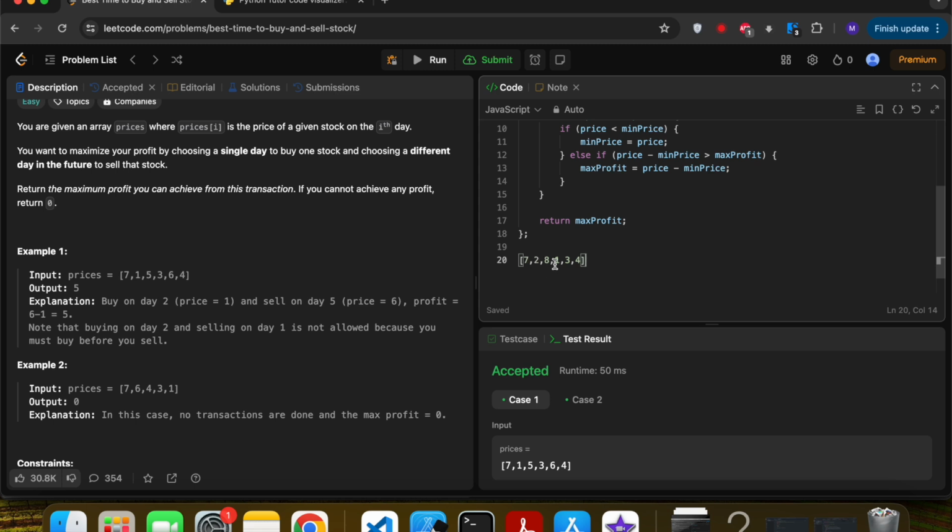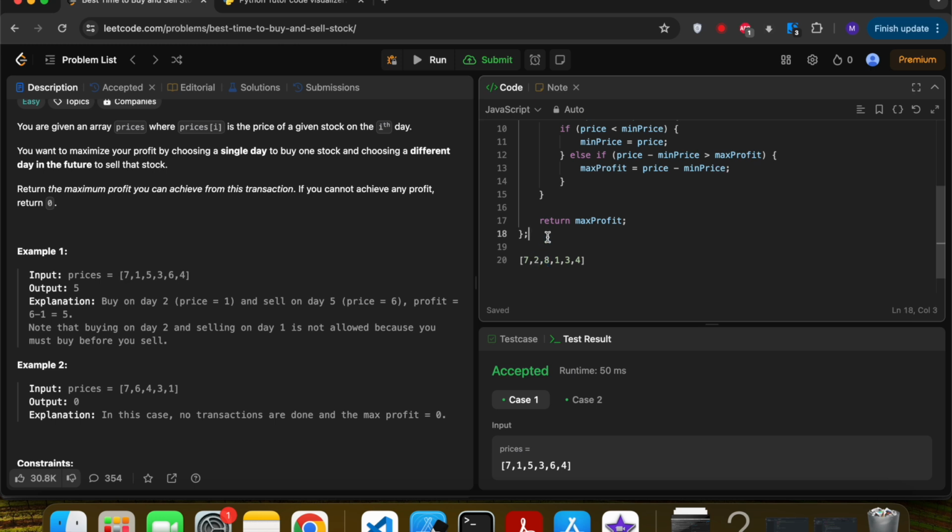We are looping over the array and we already met the 2, and when we met the 2, it was the minimum number, and we already calculated the maximum profit between the 8 and 2. And when we calculate the profit with the new minimum, which is the 1, it will be less than the maximum profit already calculated from the previous minimum.